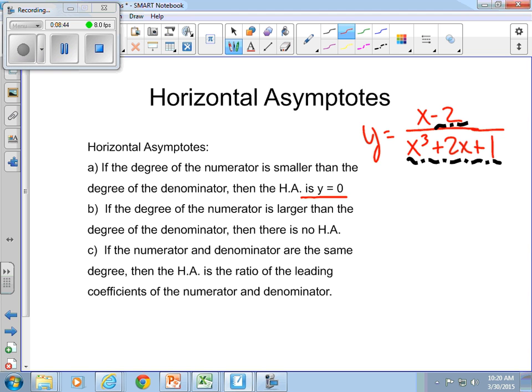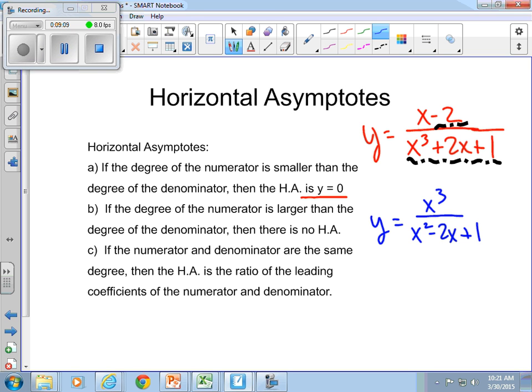If that is flipped around, and the degree of the numerator is bigger, then there's no horizontal asymptote, because this function is going to approach infinity or negative infinity as x approaches infinity, because x cubed over x gives you a line.